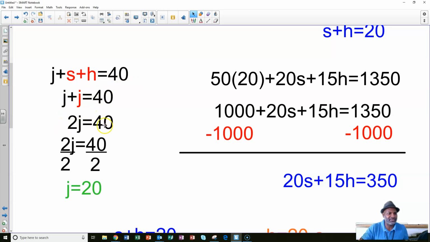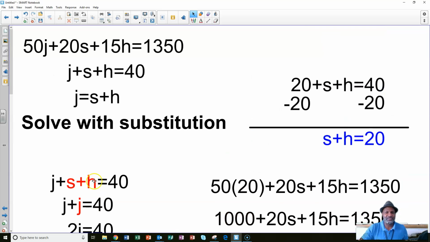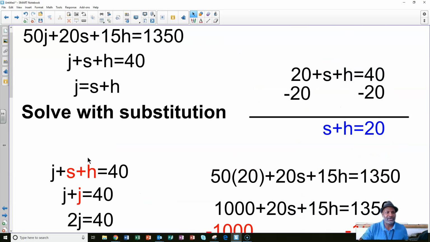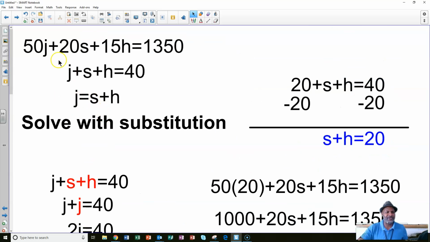That means 2J is 40. And when you divide both sides by 2, J is equal to 20. So I'm going to take the fact that J is equal to 20, and substitute that into both these other equations.